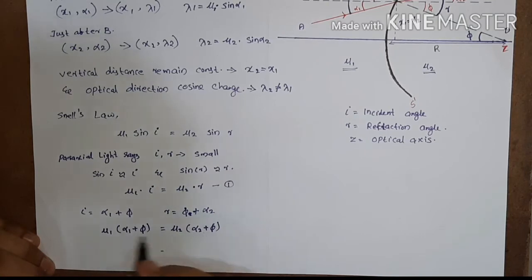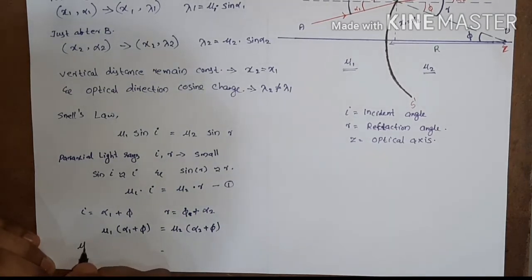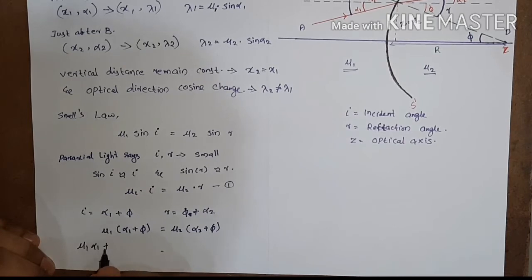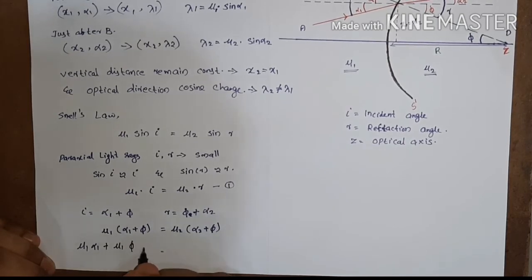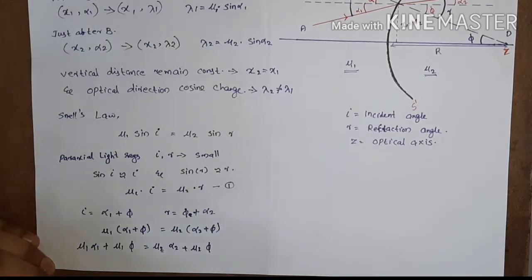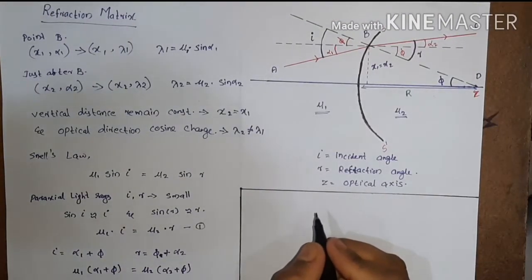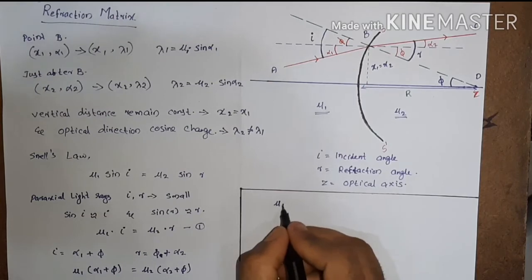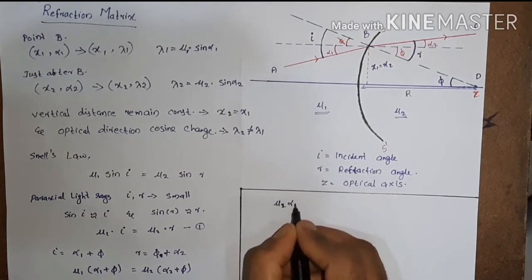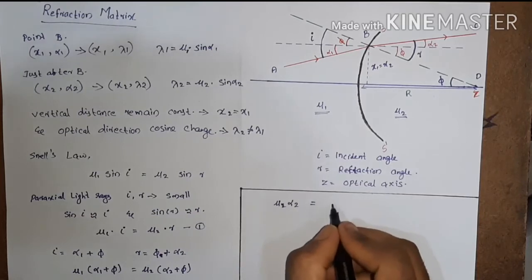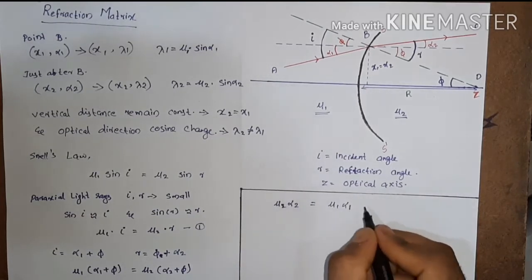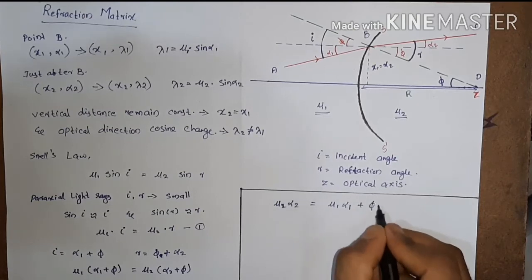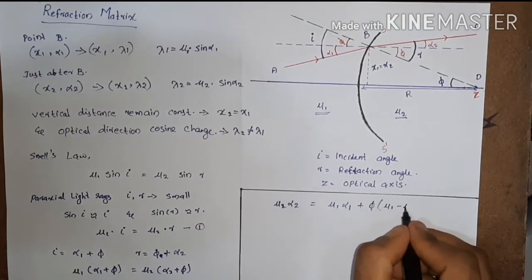Now I am just expanding these terms. Mu1 times alpha 1 plus mu1 times phi is equal to mu2 times alpha 2 plus mu2 times phi, or simply mu2 alpha 2 is equal to mu1 alpha 1 plus phi into mu1 minus mu2.